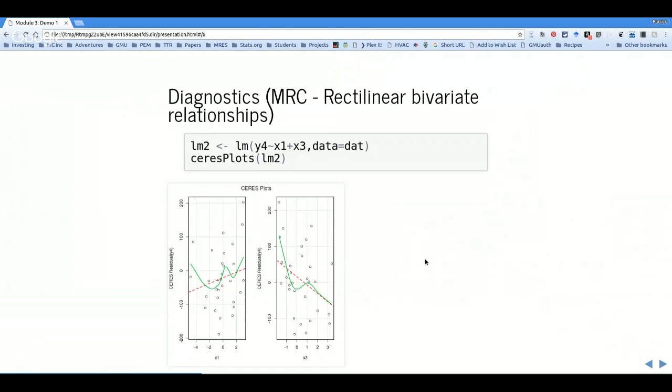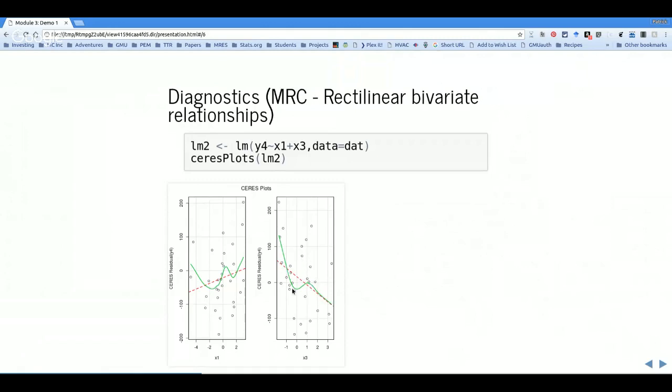Next, I want to take a look at the rectilinearity of X1 to Y, and the best way to do this is with these series plots. These plots are very flexible in that they allow us to partition off the 2 primary covariates and look to see whether they are rectilinear with our dependent variable. Ideally, we'd like to see a nice even line, and that would be the red dash line.